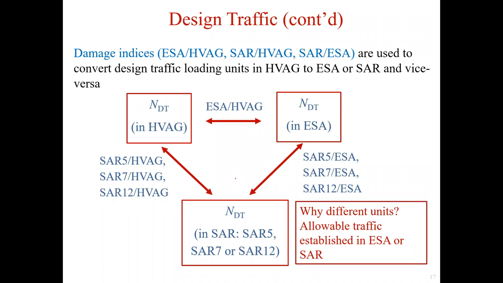This is the triangle relationship between NDT in HVAG, NDT in ESA, and NDT in SAR. Then you may ask, why use different units? This is because the allowable traffic is normally expressed in terms of ESA or SAR. So we need to use these relationships to make the conversion.